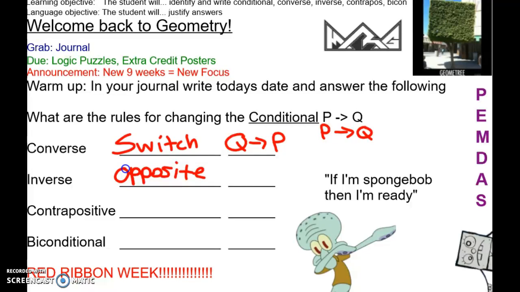So instead of P arrow Q, it's going to be not P implies not Q, or squiggle P arrow squiggle Q, right? I'm going to write all this down, you know what I'm saying? So, that's an inverse. So what would the inverse be of my original statement? If I'm SpongeBob, then I'm ready. What's the inverse?